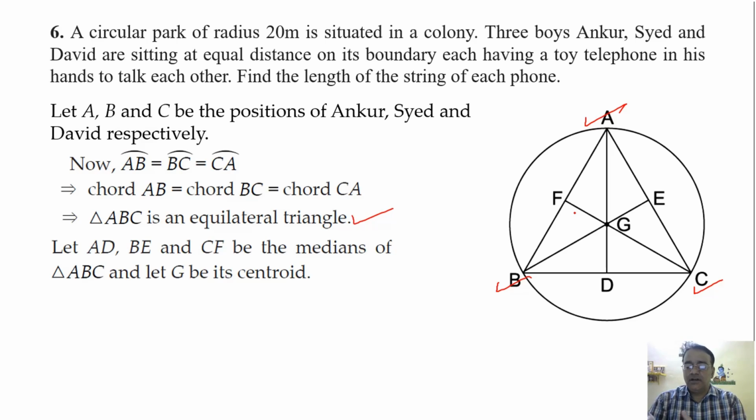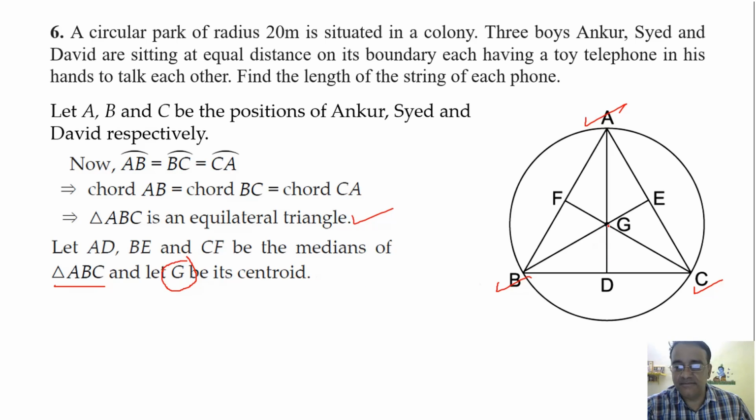Now a very important property of an equilateral triangle is that the altitude and the median are the same. And centroid and orthocenter are also the same, right? So AD, BE and CF are the medians of triangle ABC, and let G be the centroid.